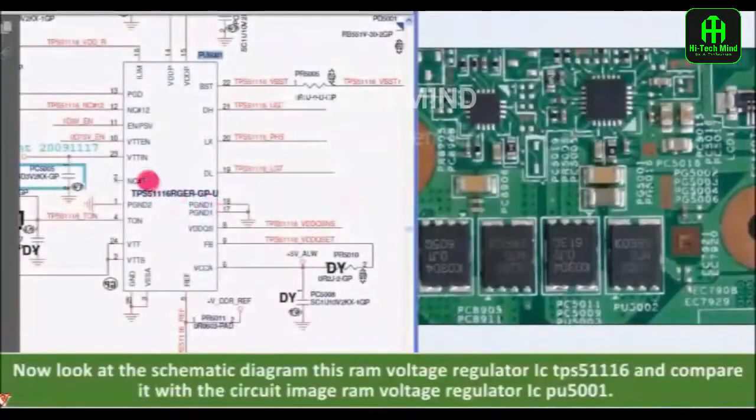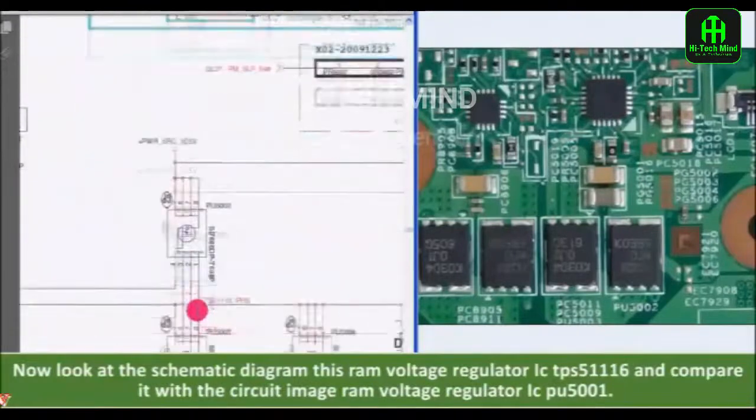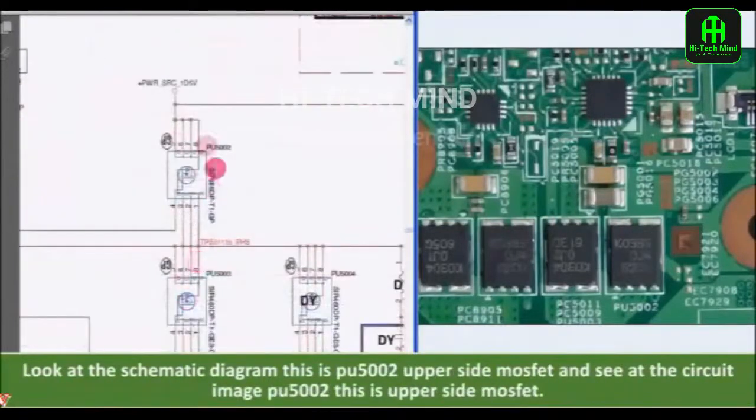Now look at the schematic diagram. This is the RAM voltage regulator IC TPS 51116, and compare it with the circuit image, RAM regulator IC PU 5001. Look at the schematic diagram.